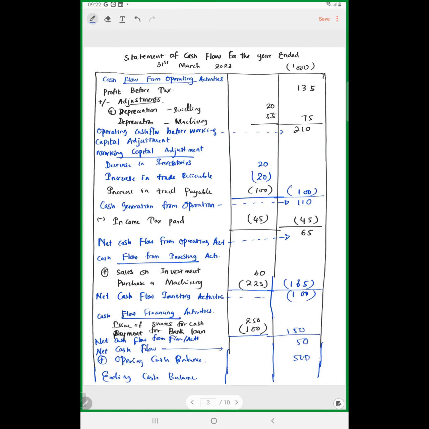You can get the difference, 50. So there is no need to get the final differences even. Yes, you can see the answer is 50. And finally, you can get the closing balance 550. That's all.